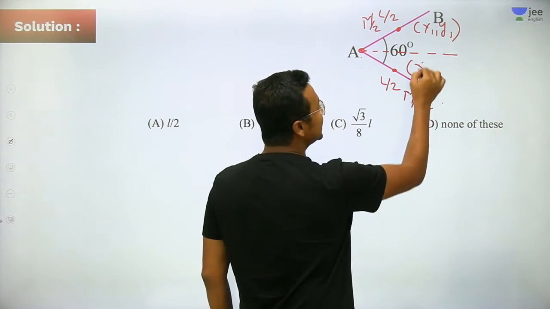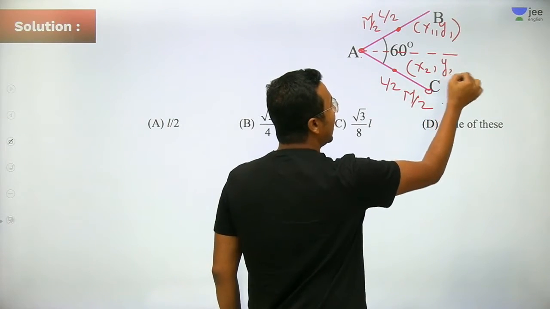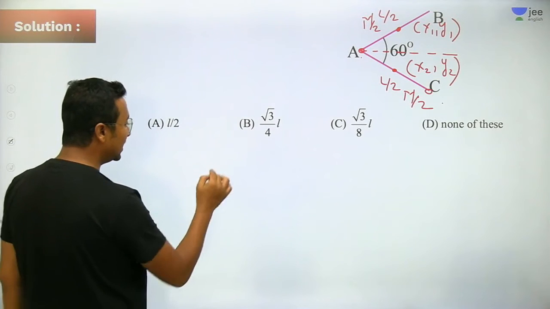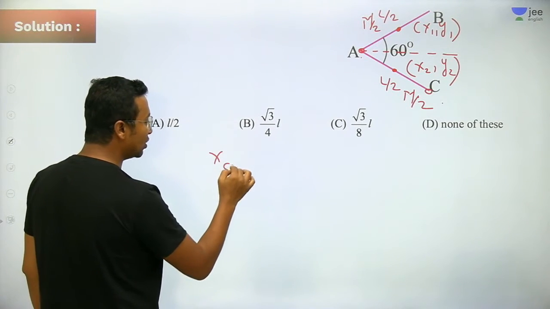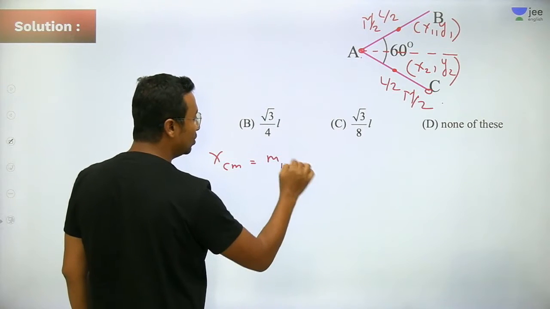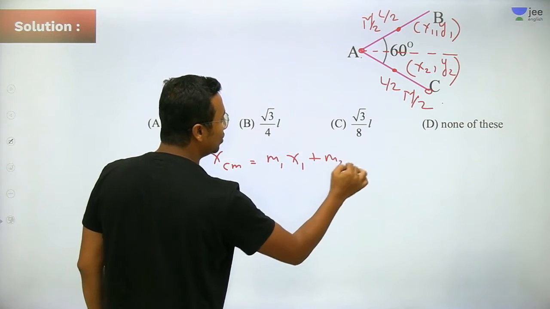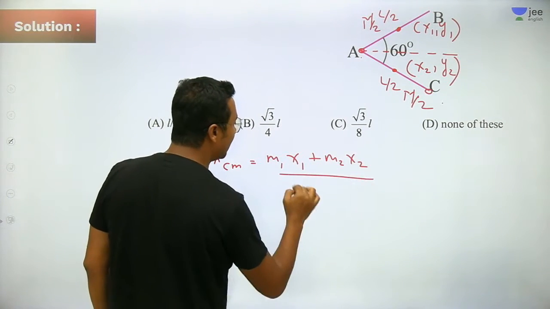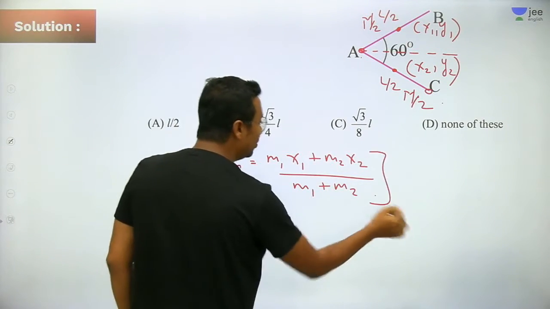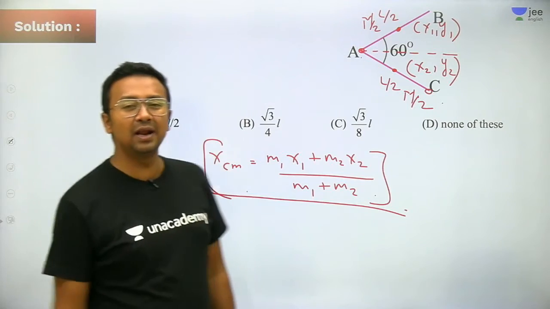So they'll say this is x2, y2, and the center of mass of the entire system they'll find using the formula x of CM equals m1 x1 plus m2 x2 divided by m1 plus m2, where m1 is M by 2. When you do this method, the solution stretches out to be pretty long.